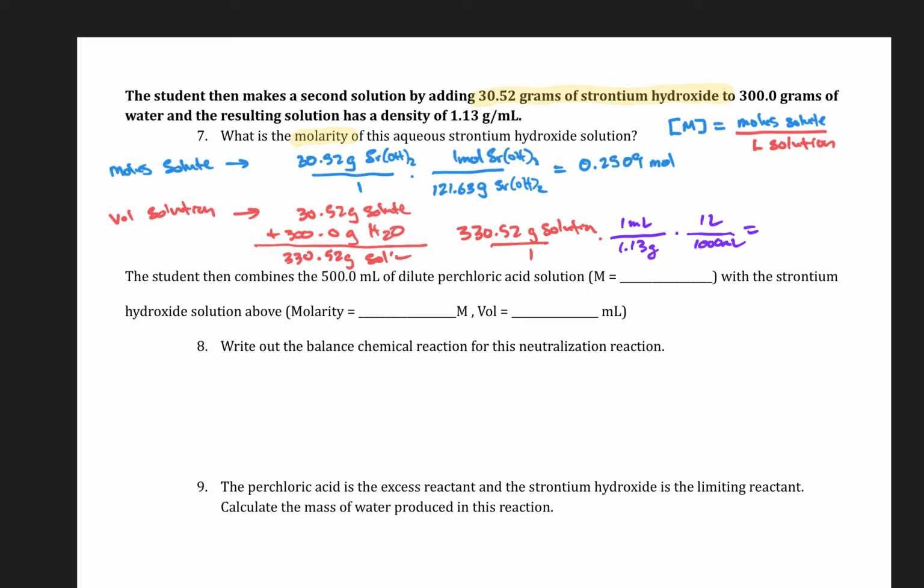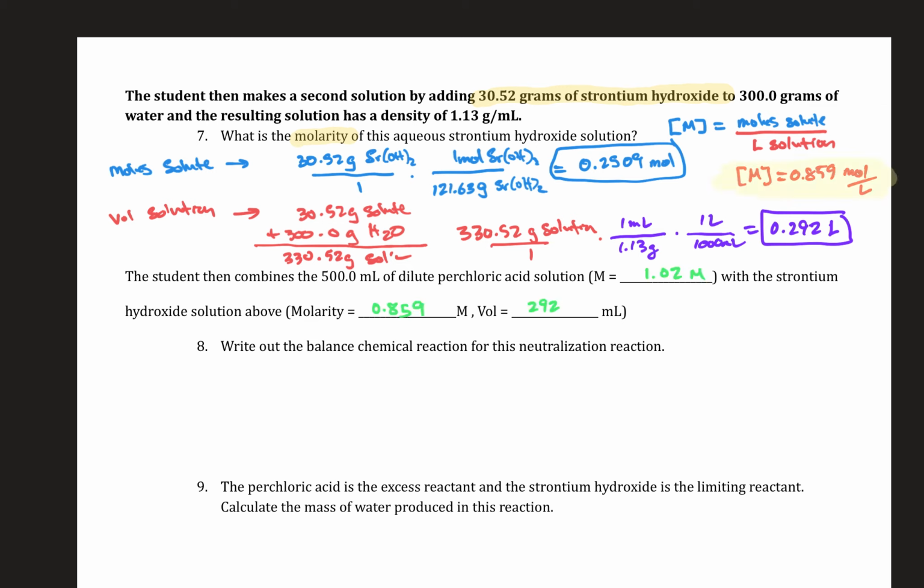Using the density of the solution, we can convert that mass of solution into volume of solution, which is 0.292 liters. And since we know our moles of solute and our liters of solution, we can now calculate our molarity, which is going to be 0.859 mole of solute per liter of solution.